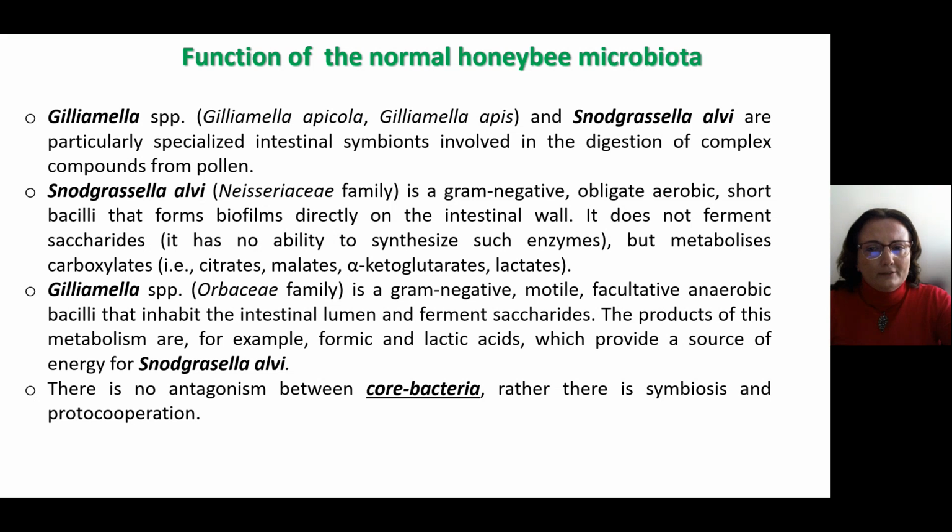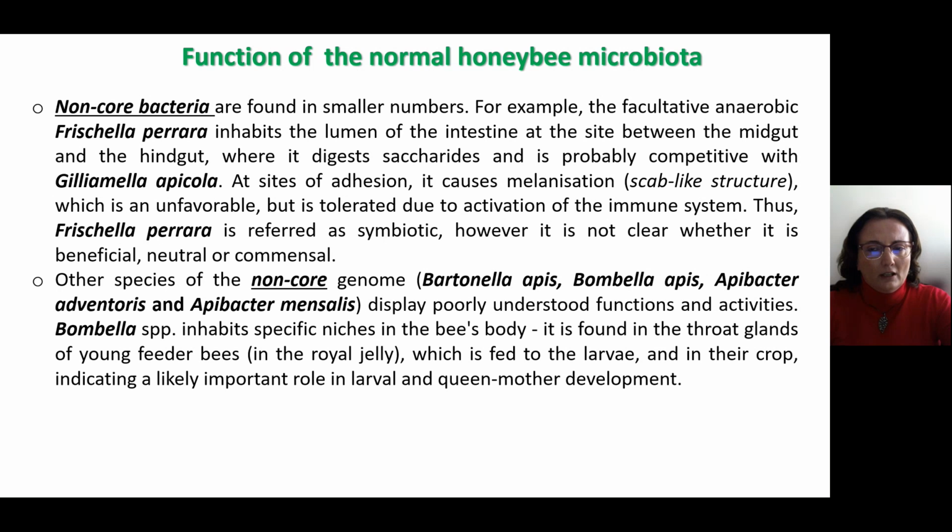Snodgrassella alvi doesn't ferment saccharides but metabolizes carboxylates. Gilliamella species ferment saccharides. The products of this metabolism are organic acids which provide a source of energy for Snodgrassella alvi. There is no antagonism between core bacteria, rather there is symbiosis and proto-cooperation.